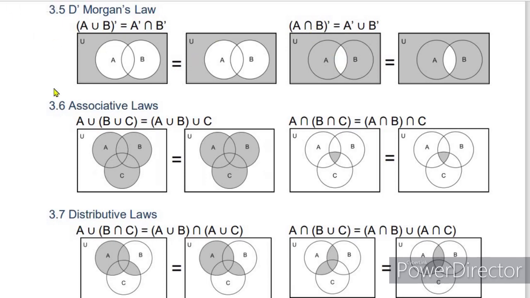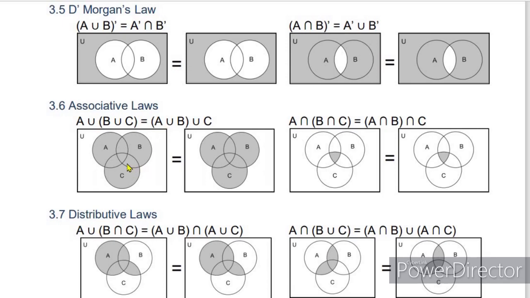Okay? Next is associative laws. So A union the quantity B union C is equal to the quantity A union B union C. Meaning, if you interchange the parenthesis sign, it will be the same. So if you group B union C and you group A union B on the other side of the equation, it will be the same.